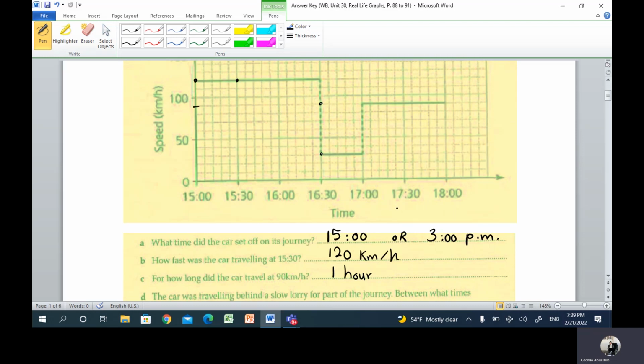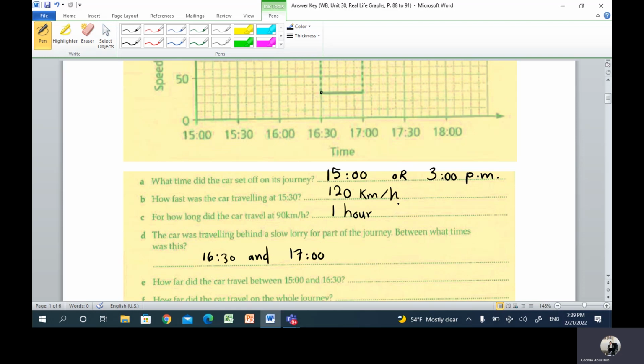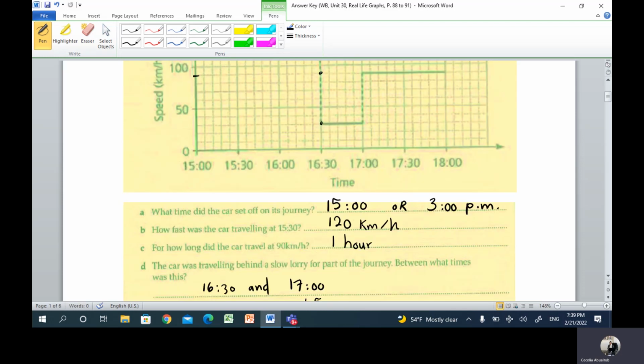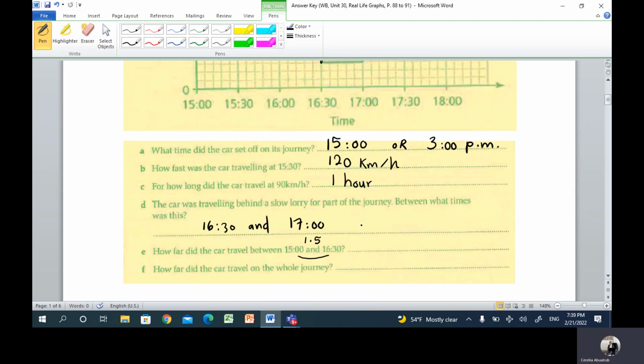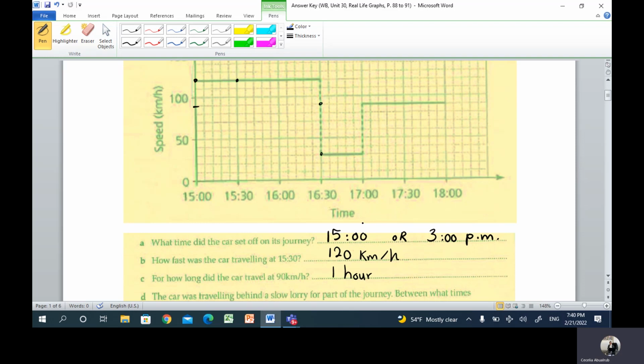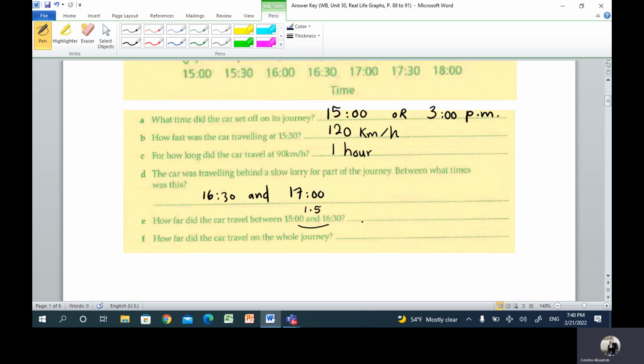Okay, next. How far did the car travel between 15 and 16:30? So 15 to 16:30 is 1 hour and a half, right? And the speed from 15 to 16:30 was 120 kilometers per hour.